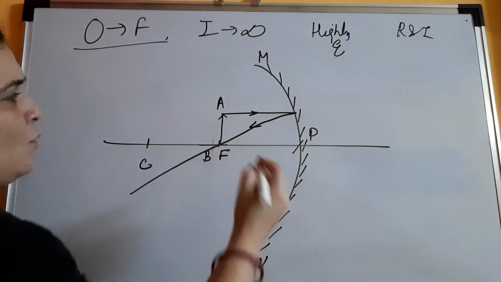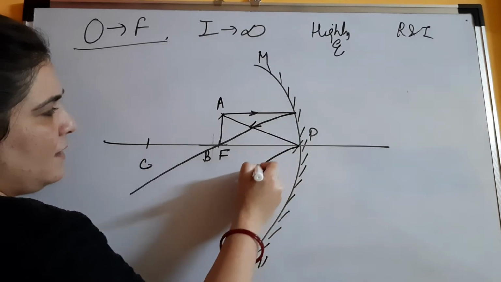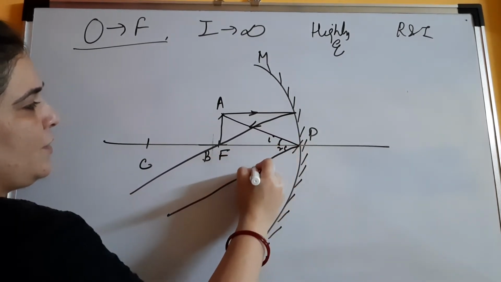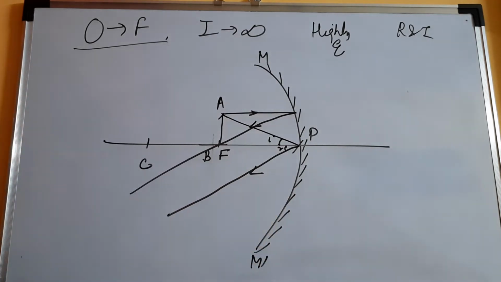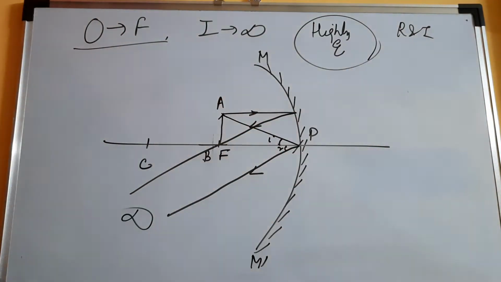Okay. Second rule I am taking is striking on the pole, coming back in the downward direction, making the same angle as angle of incidence. So here you can see that nowhere these two rays are meeting. It means the image is formed at infinity. If at infinity, it has to be highly enlarged, real and inverted.